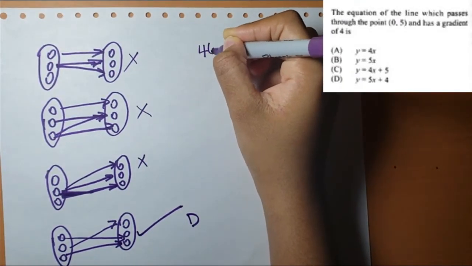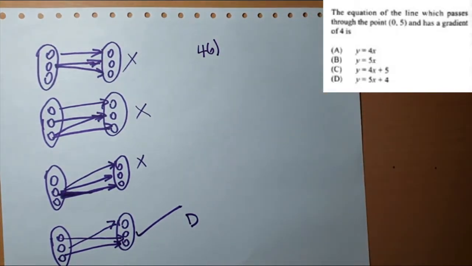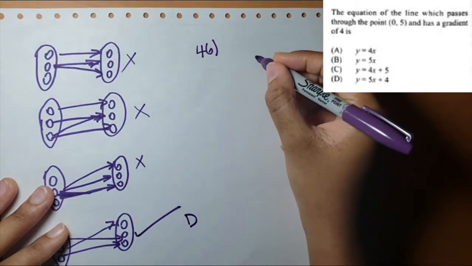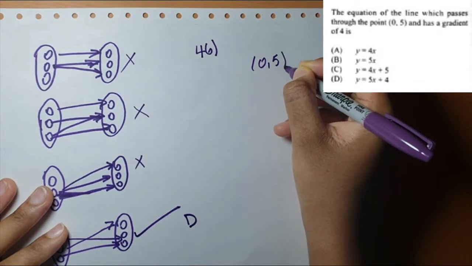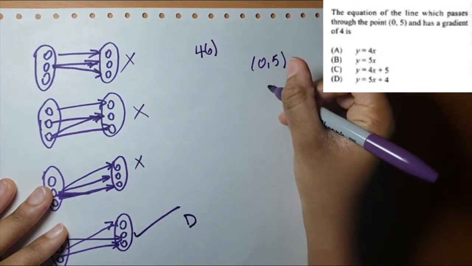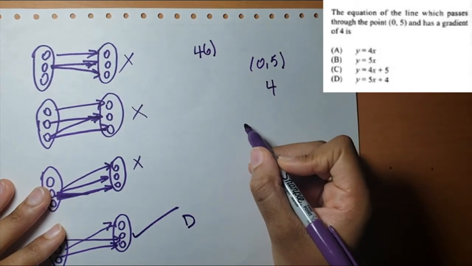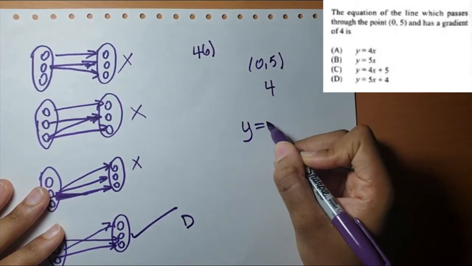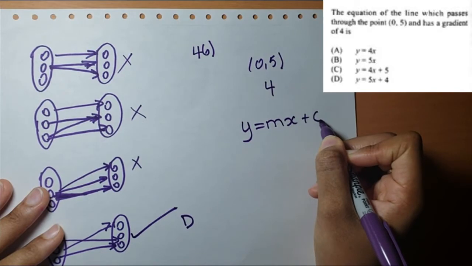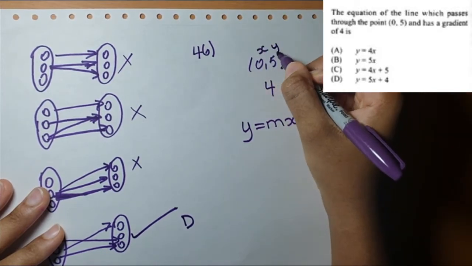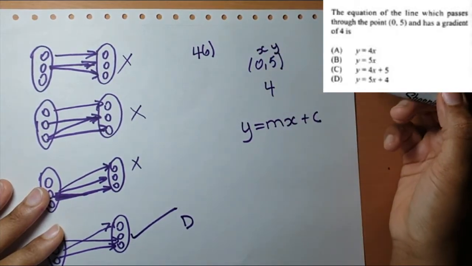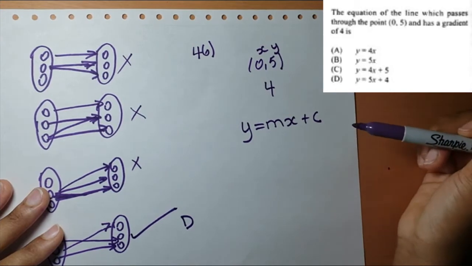Continuing with number 46. The equation of the line which passes through the point 0, 5 and has a gradient of 4 is, so now remember that the equation of a line is y equals mx plus c. So this is the x and this is the y. So we're going to fill these into the formula to find c. We need to find c.